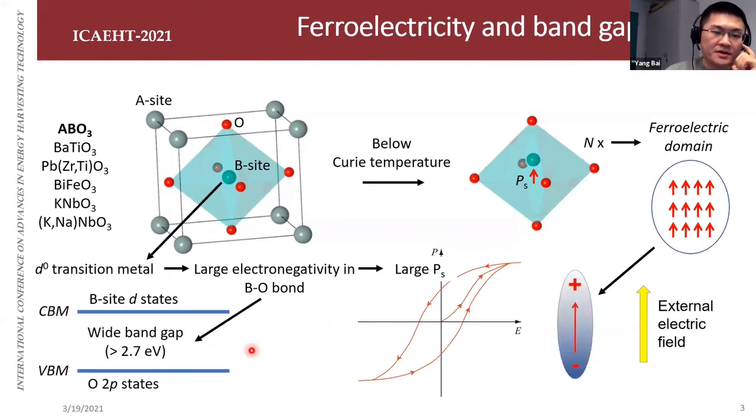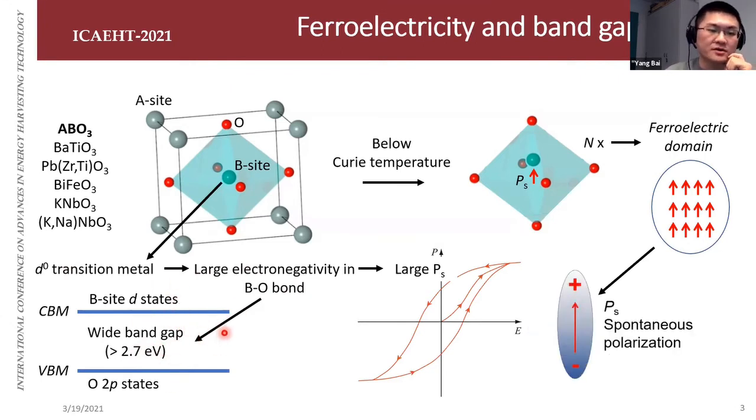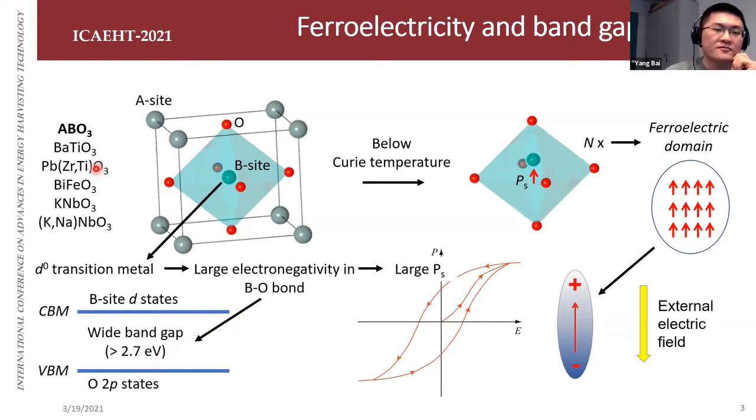However, because of the large electron activity in this bond, there's an energy cost if you want to transfer the charges across the gap. So the band gap is actually very high. Typically, for example, the narrowest one, bismuth ferrite, is about 2.7 eV. For the rest of the materials, it's even larger.